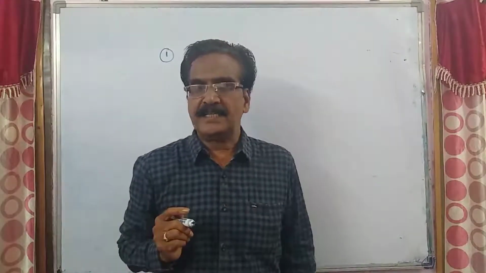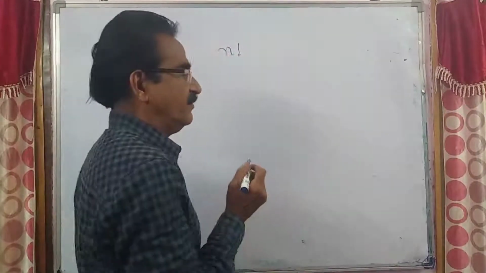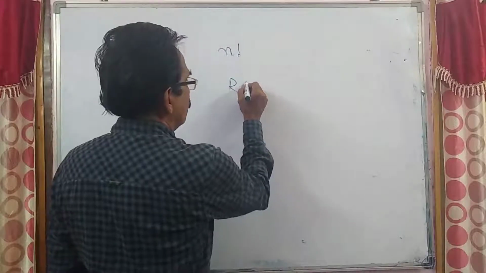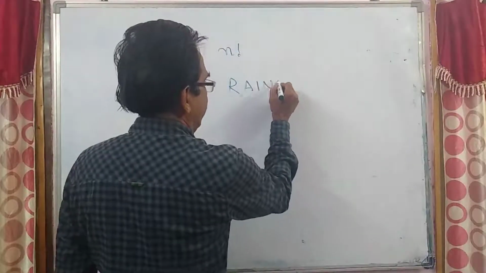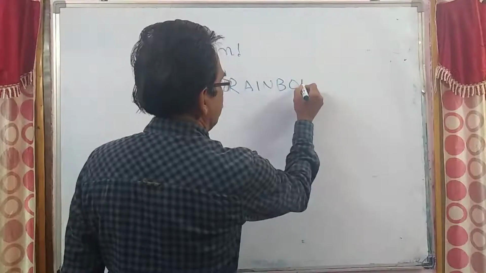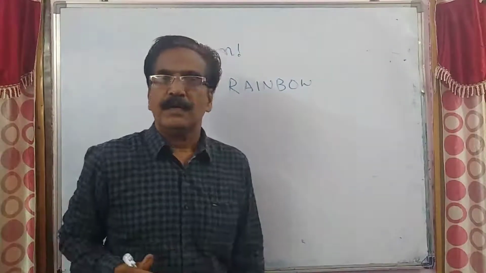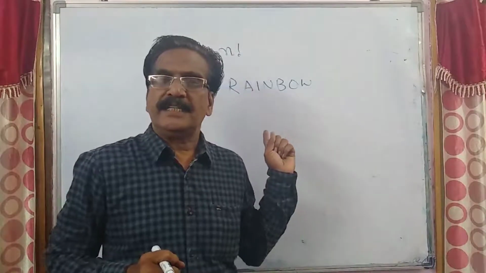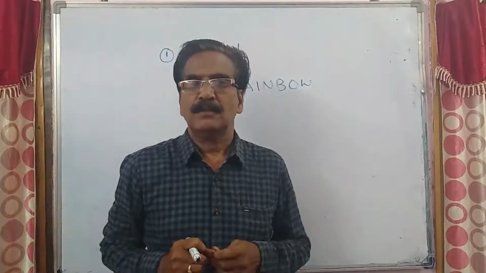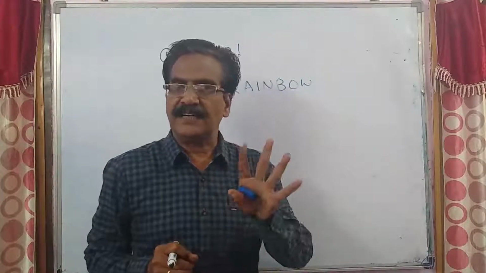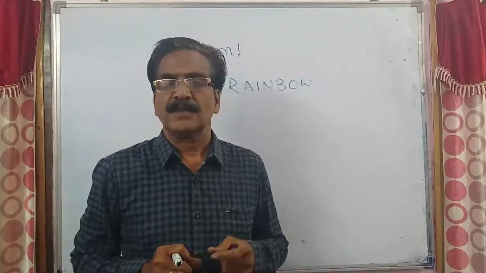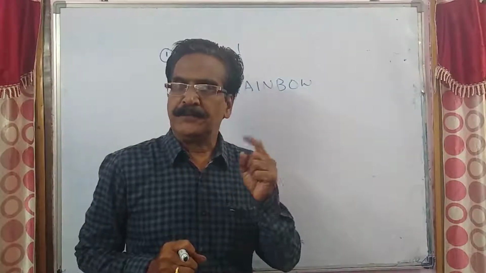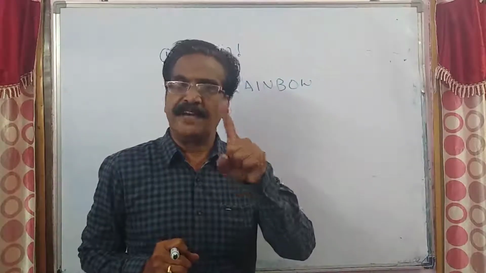In how many ways can the letters of the word rainbow be rearranged? Here in the word rainbow, all the 7 letters are different. N things are permuted or rearranged in n factorial ways.